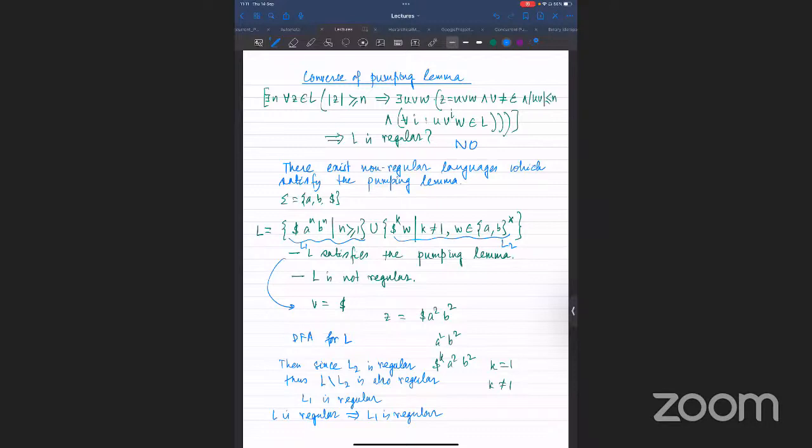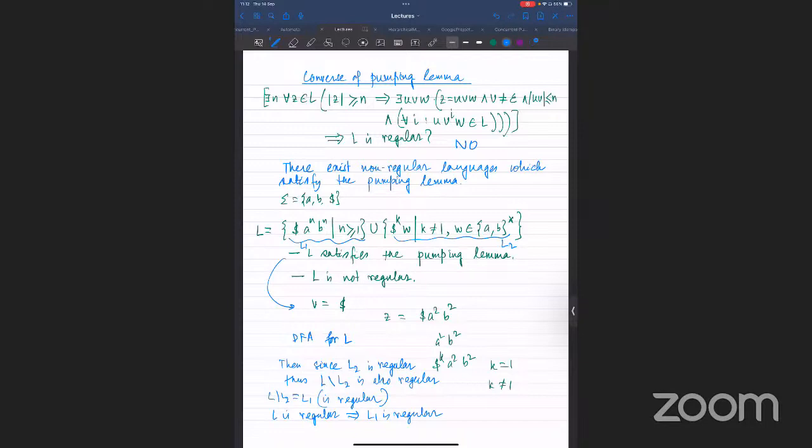L minus L2 is the same as L1. L minus L2 is L1 because they are indeed disjoint. Correct? Because the number of dollars is not the same in the two parts. Right? And you can show this.